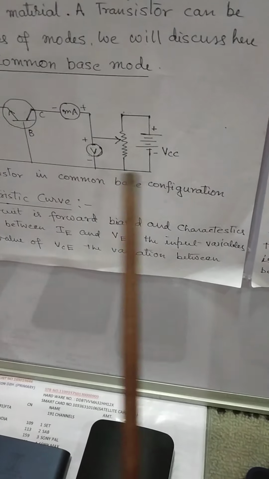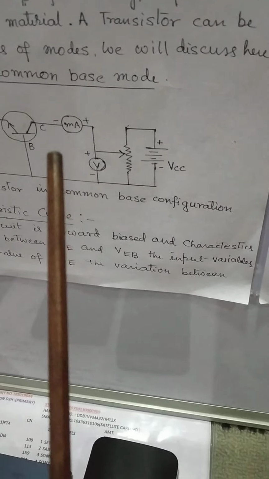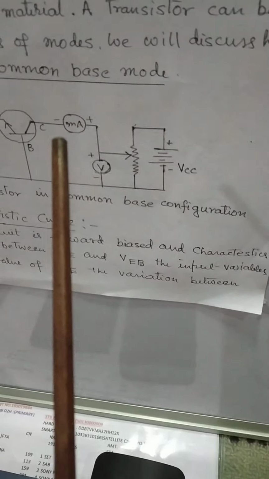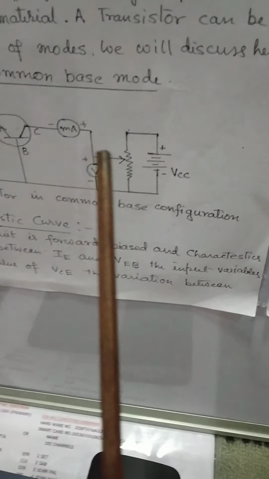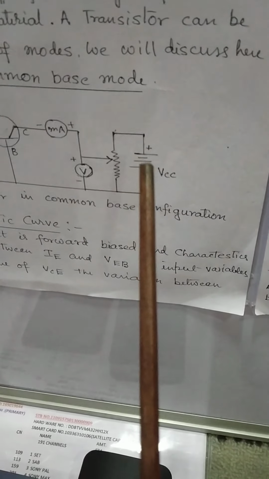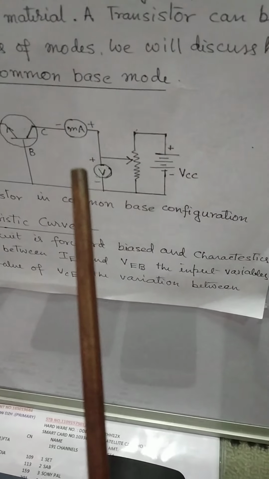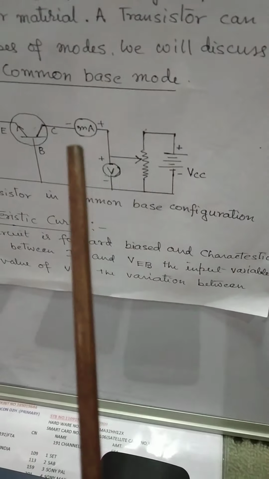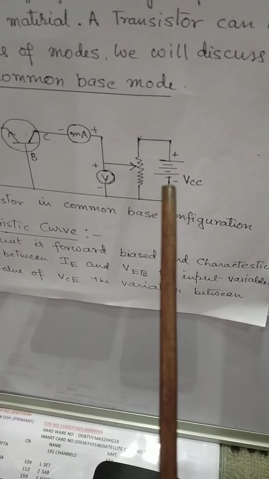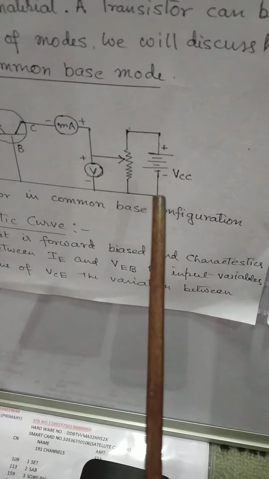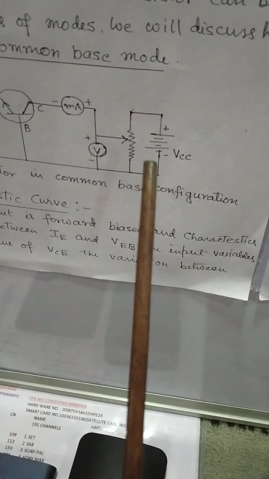Now the output circuit is reverse biased, so the collector, which is made up of N type material, is connected with the positive terminal of the battery, and the base is again connected with the negative terminal of the battery.